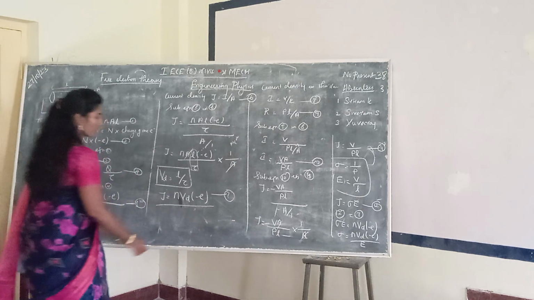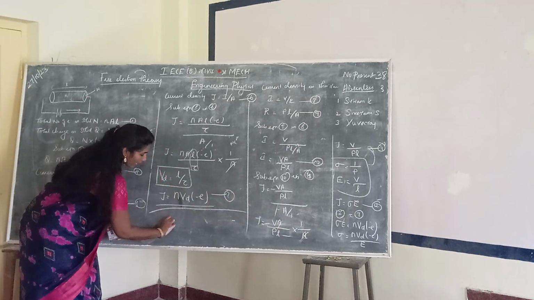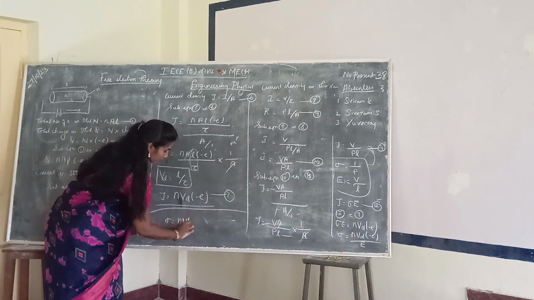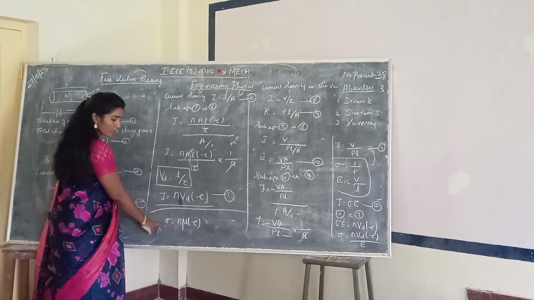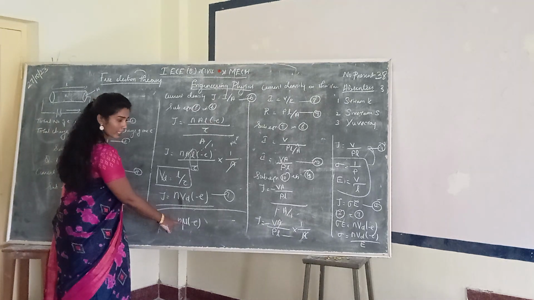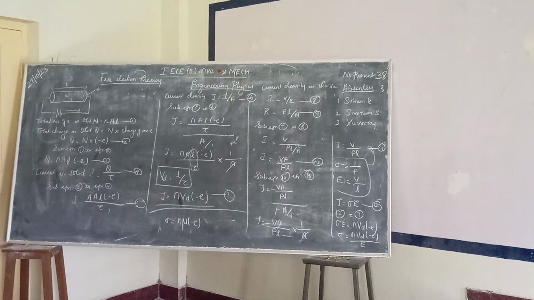So substitute, and finally I write here sigma is equal to N into mu into minus E. This equation is the relation between the conductivity and the mobility. This is the expression for the electrical conductivity in terms of the mobility. We will discuss mobility more later. Any doubt in this step? Any doubts?